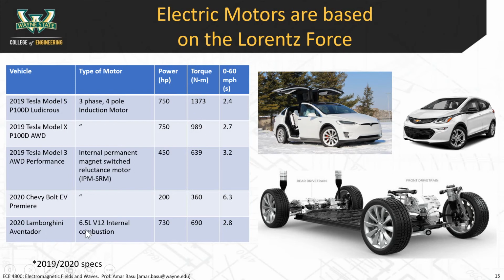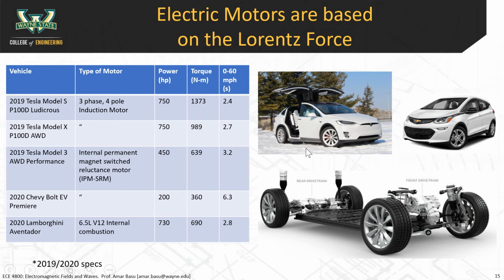So if you compare the Lamborghini, which is a top-of-the-line sports car, with the Tesla Model S or the Tesla Model X, which is an SUV, almost like a family car, these engines actually have more torque than the Lamborghini. As a result, as I mentioned in class last time, you can see a lot of cool YouTube videos where the Lamborghinis are being beaten off the drag race by some of these Tesla vehicles.